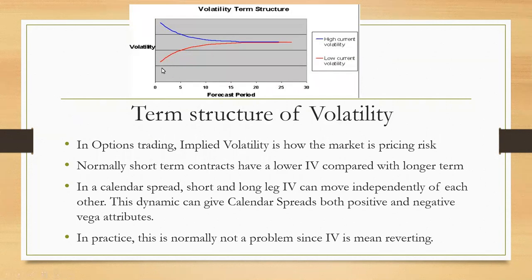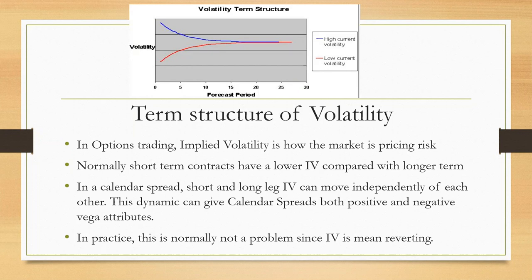Your short leg and your long leg both have a unique implied volatility, which is how the market is pricing in risk moving forward. Implied volatility is a forward-looking number, and it is basically an analysis of how much risk traders all over the world are pricing into the market.